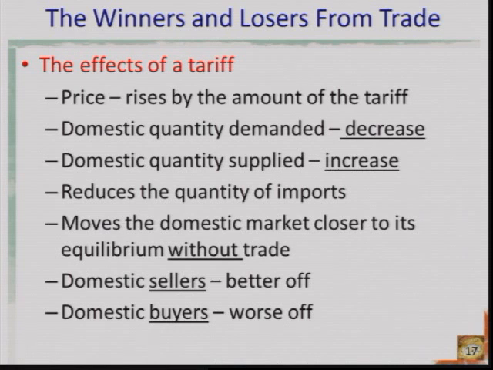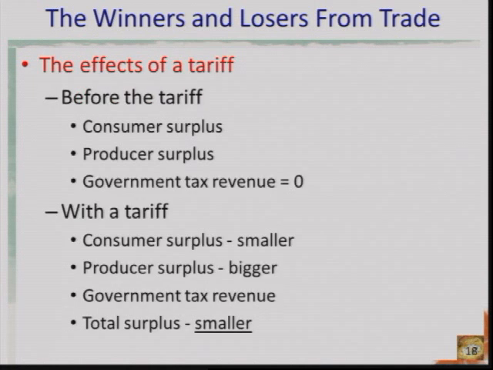To sum up, it makes domestic sellers better off, but buyers worse off. And we see that the tariff actually takes away some of those gains to trade. Some of it is going to go to the government, but some of it is going to be deadweight loss that no one gets, as represented by those two triangles, D and F.